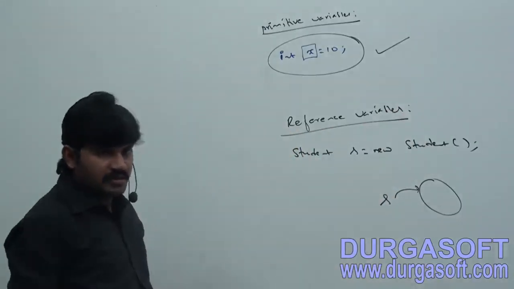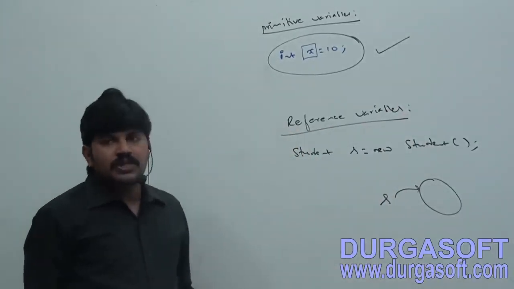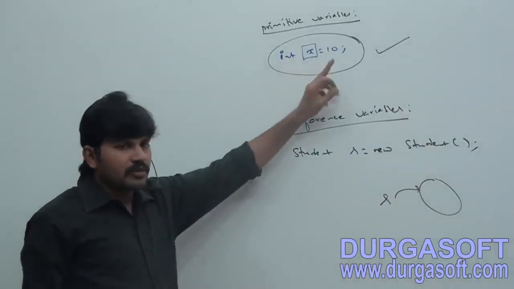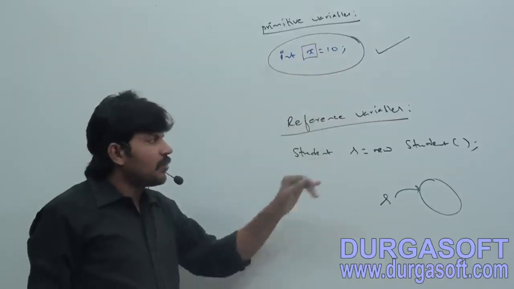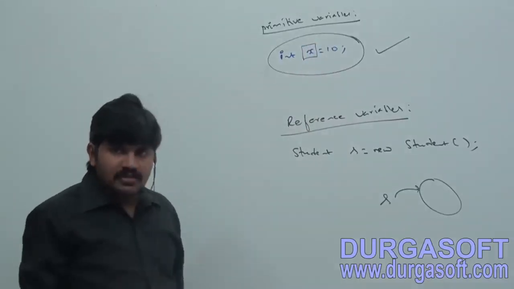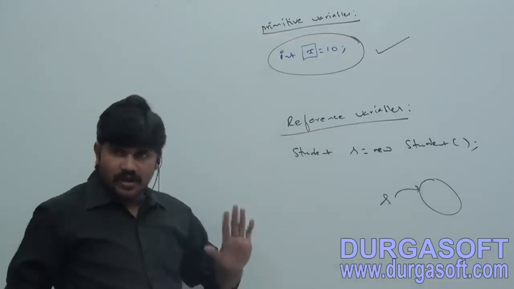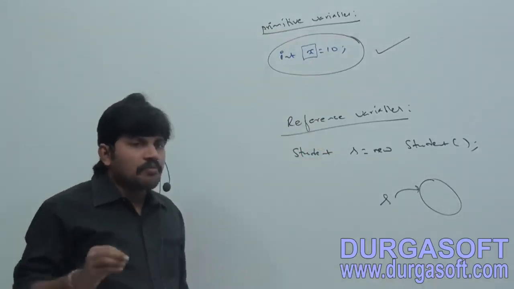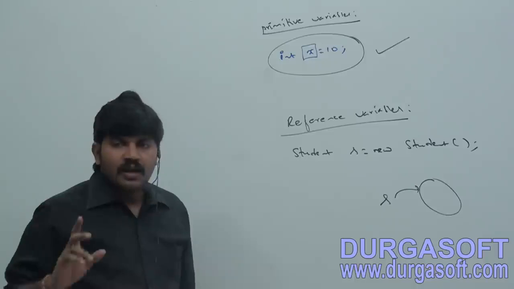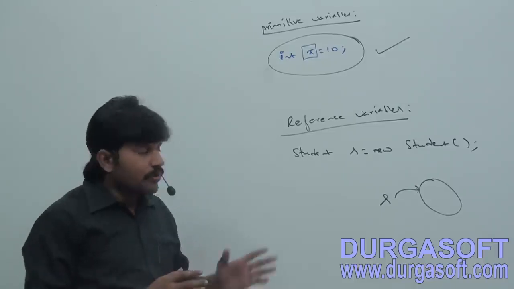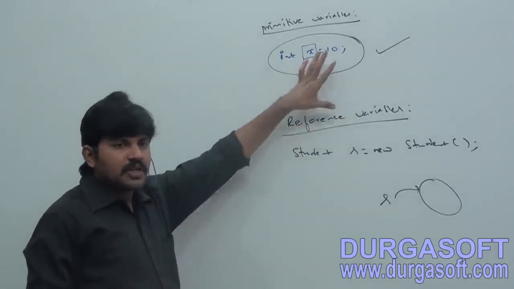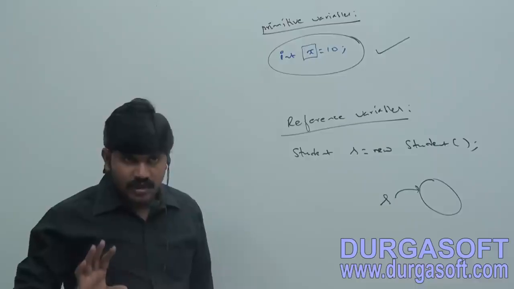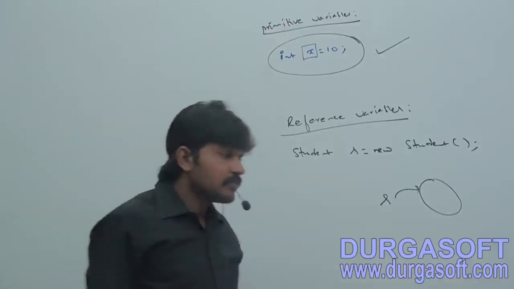The variables which can be used to represent primitive values are primitive variables. The variables which can be used to refer to objects are reference variables. So based on the type of value represented by a variable, all variables are divided into two types: primitive variables and reference variables. Now I hope it is clear.